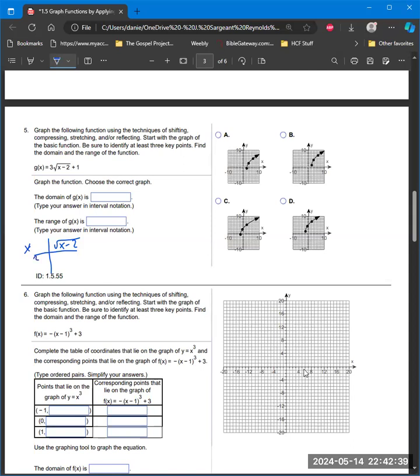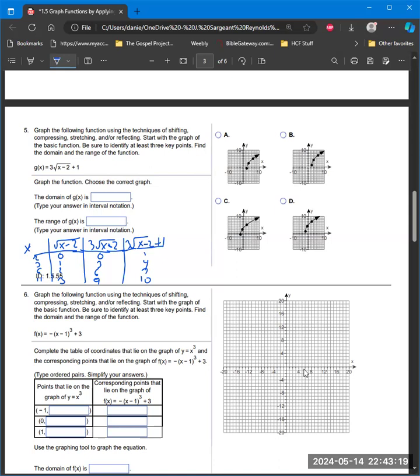That would have been 2 and then 3 and then 4 plus 2 is 6 and 9 plus 2 is going to be 11. This is going to be 0, 1, 2, and 3. And then 3 times that is going to be 0, 3, 6, 9, and then plus 1, 1, 4, 7, 10.